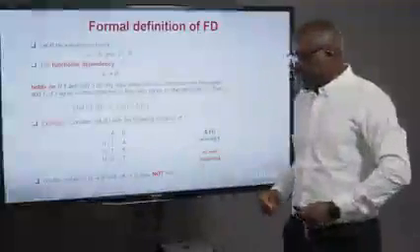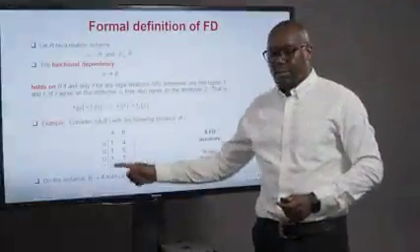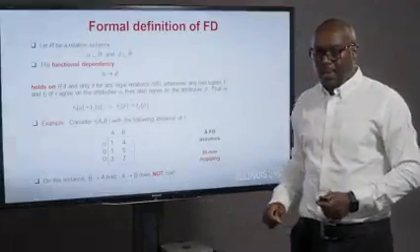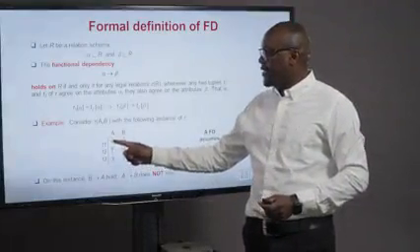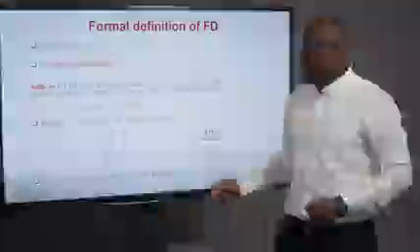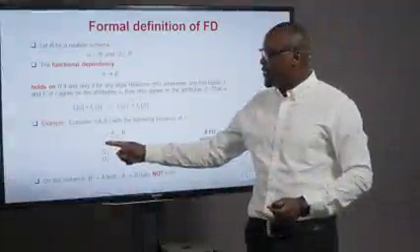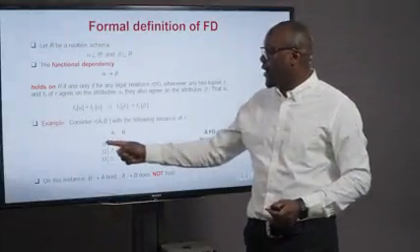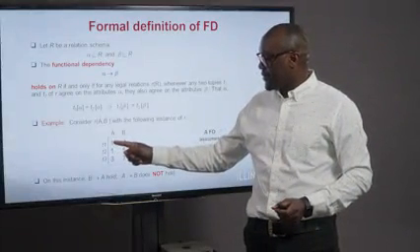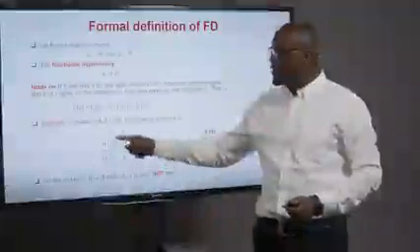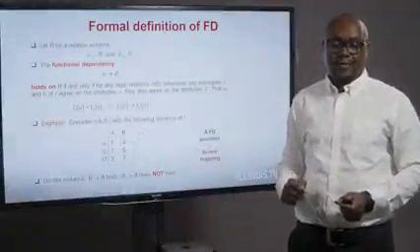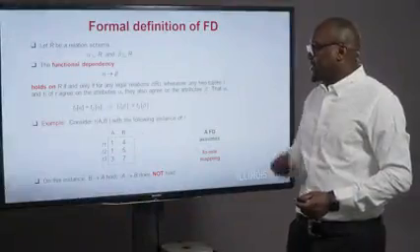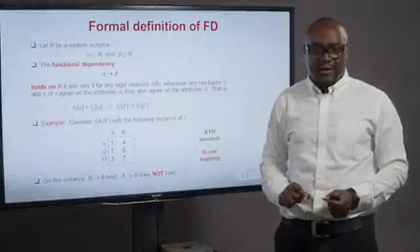When you look at this illustration, we have three tuples, T1, T2, and T3. A is in agreement for the first tuple and the second tuple, or you can even say that tuple 1 agrees with tuple 2 on the values of attribute A. What does it mean? Let's check the other condition.